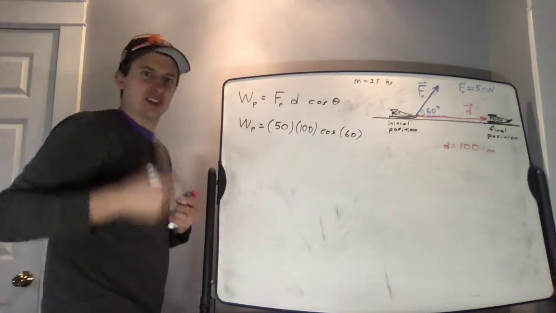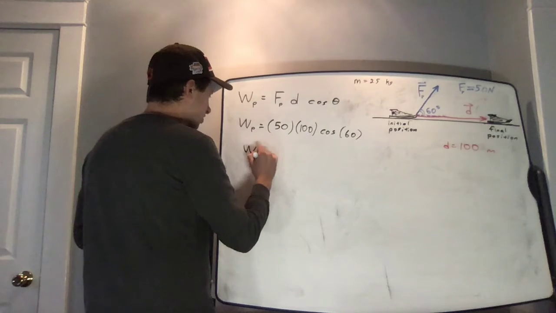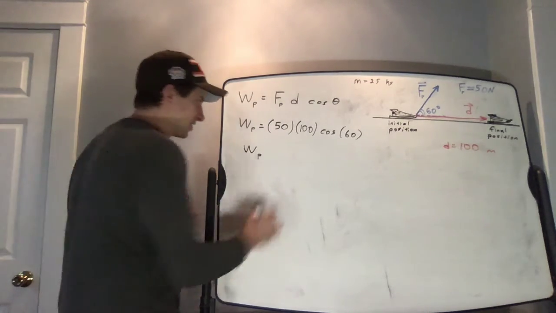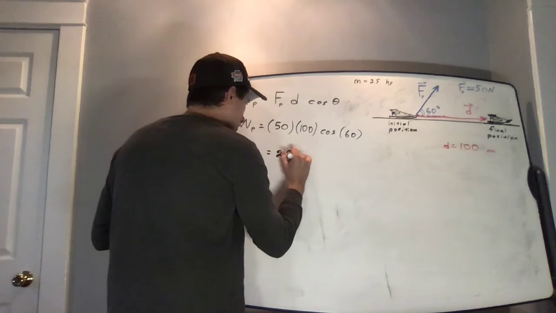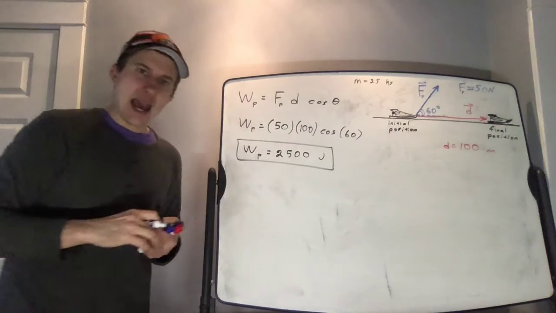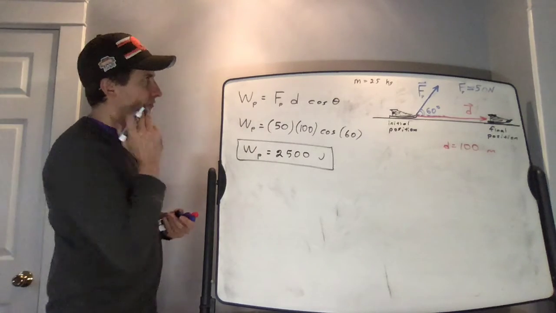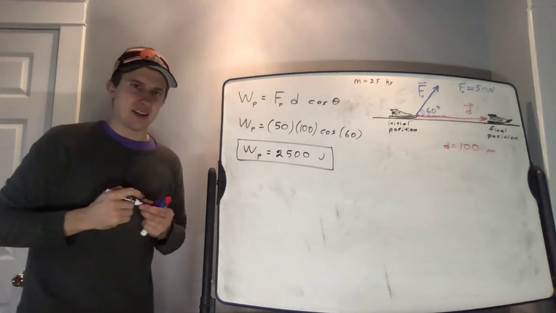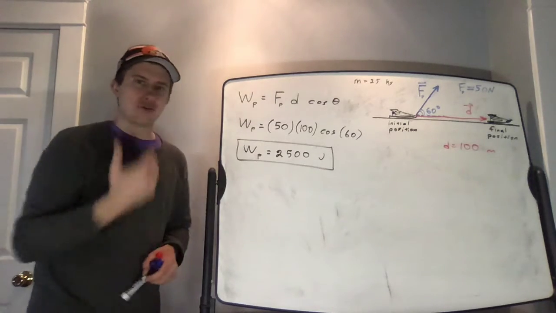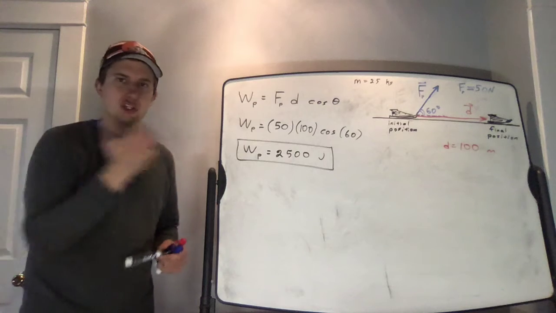If I put these numbers in a calculator, I get the work that we do on the sled as a result of us pulling on the sled is going to be 2,500 joules. So in other words, as a consequence of us pulling on the sled, we are attempting to give 2,500 joules of energy to the sled.